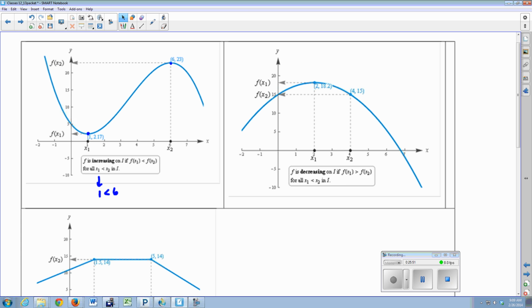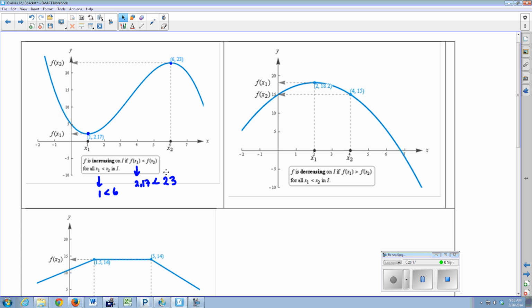So 1 is less than 6, and if its corresponding output value is less than this corresponding output value, my function must be increasing to get from this point to that point. That's what all of this symbolism means. F of x1 is 2.17, and that's less than 23. That's how you read that symbolism.